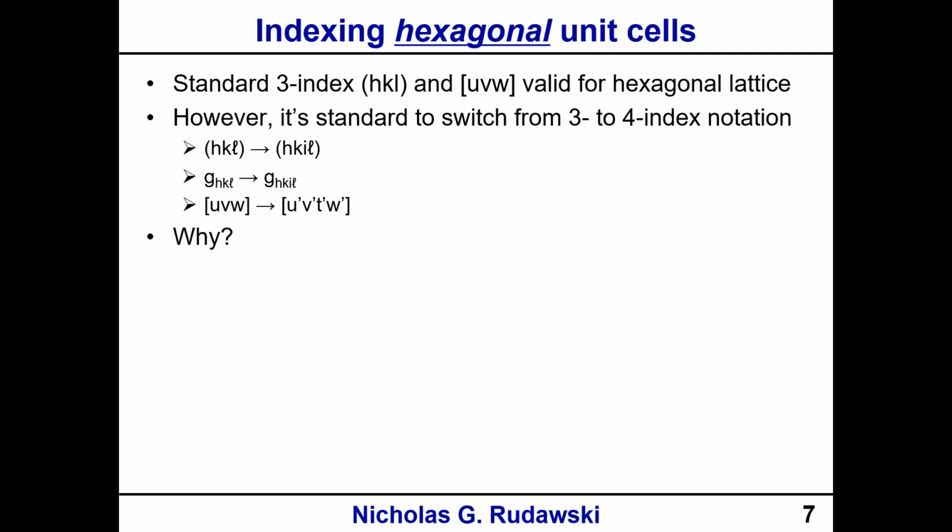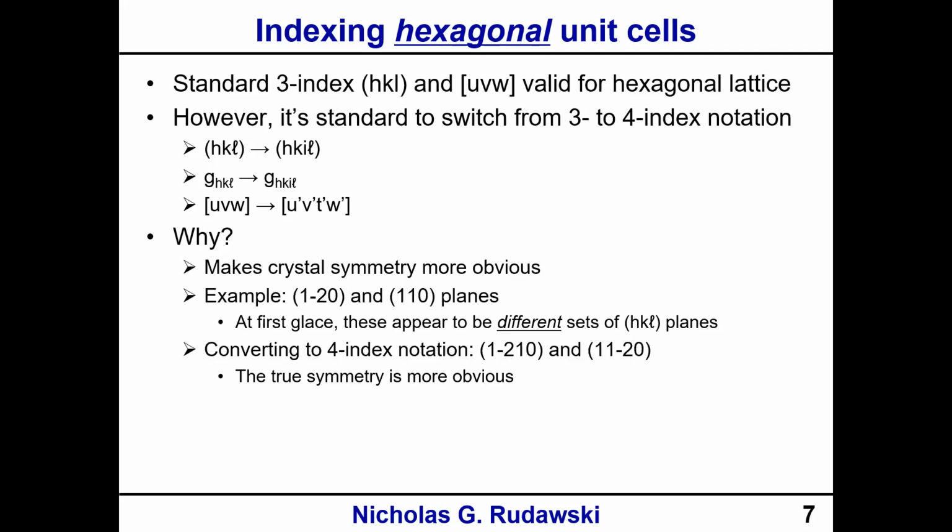So why would we go through all this hassle? The reason is symmetry. Doing this makes it more obvious to see the crystal symmetry. An example of this is if we look at the 1, 2 bar, 0 and 1, 1, 0 planes. If we were looking at those from the perspective of a cubic crystal or a cubic lattice, those would obviously not look like they were in the same family, and that would be correct.